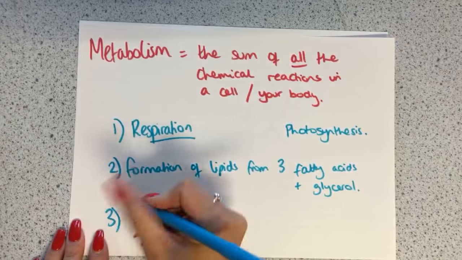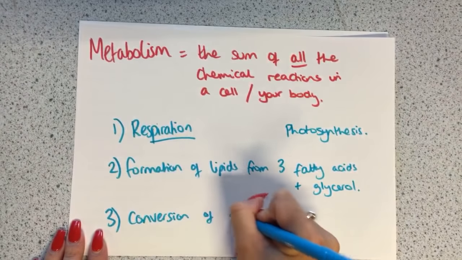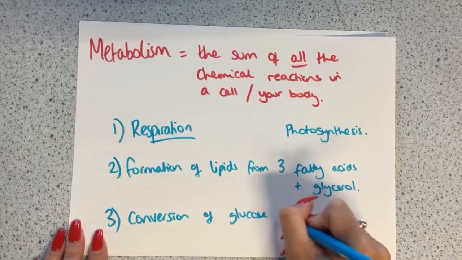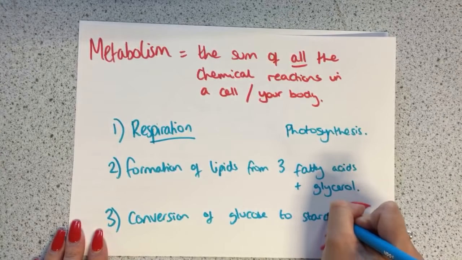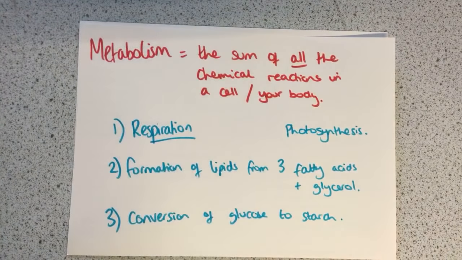You could talk about conversion of glucose to starch. Okay, but again, any chemical reaction that happens in your body is an example of a metabolic reaction, but I've just given you 3 there that are really important.